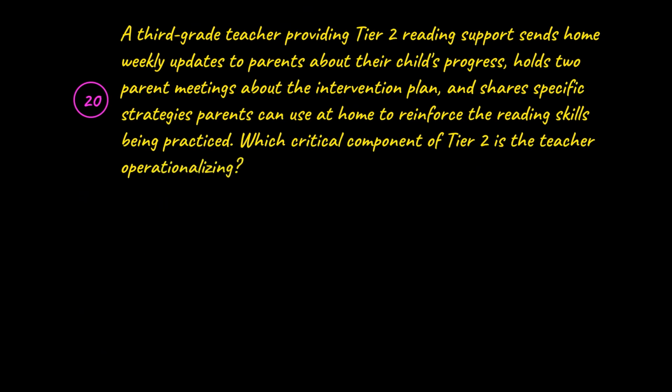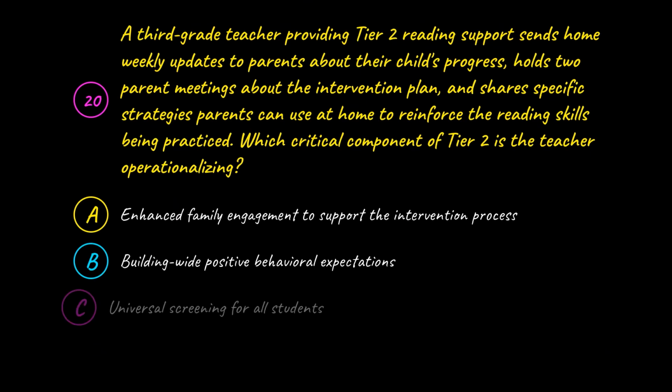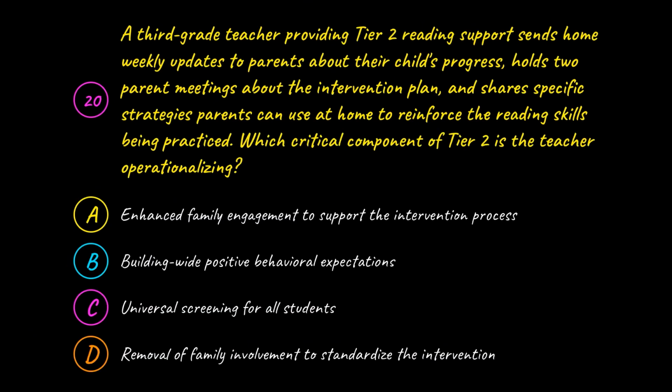Your options are A. Enhance family engagement to support the intervention process. B. Building-wide positive behavioral expectations. C. Universal screening for all students. D. Removal of family involvement to standardize the intervention. What's your answer? Commit to one before I continue.